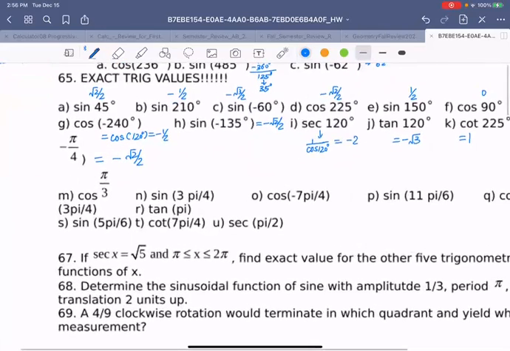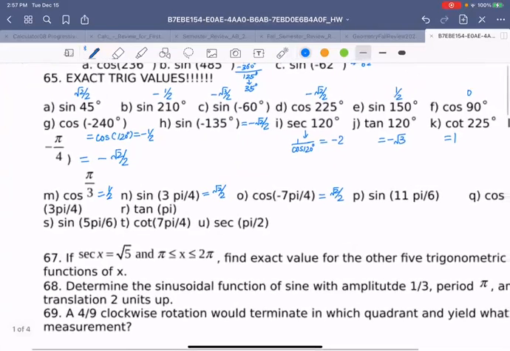Cosine pi over 3 is 1/2. This one is square root 2 over 2. Negative 7 pi over 4 plus 2 pi is pi over 4, so that's square root 2 over 2.